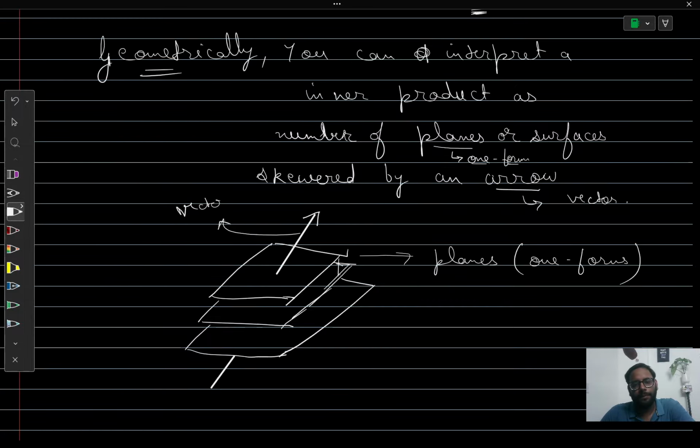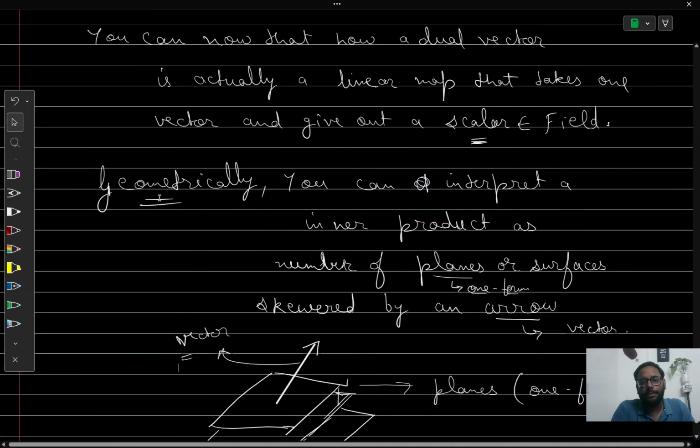So you can interpret the inner product like this.